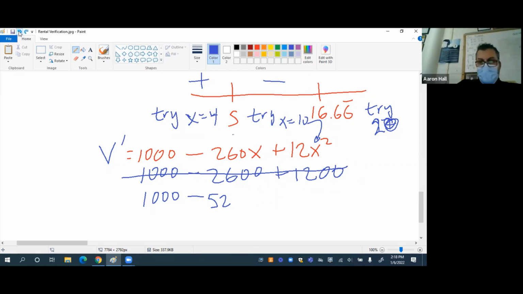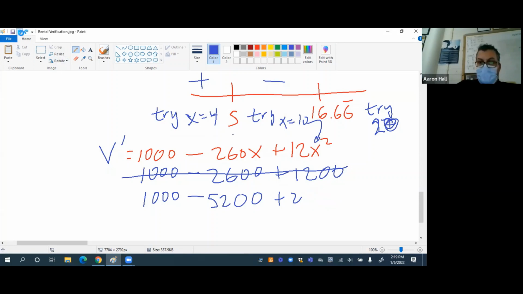Plus 2,400. What is it? 4,800. Oh, because I put in the 20. Oh, yeah, because 20 times 20 is 400. So I'm multiplying by a 4 and not by a 2.